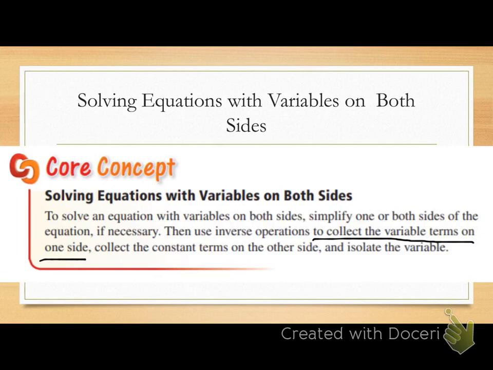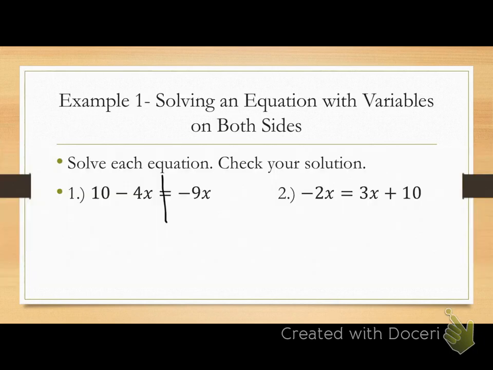Step 2, we're going to use inverse operations to collect variable terms on one side. And then get the constant terms on the other side. So raise your hand if you think you can give me the step here that would do both of those 2 steps for me. Any ideas what I would need to do here? Anyone want to give it a shot?